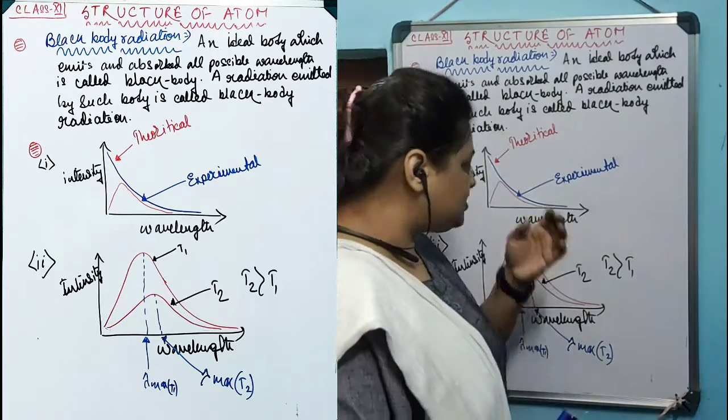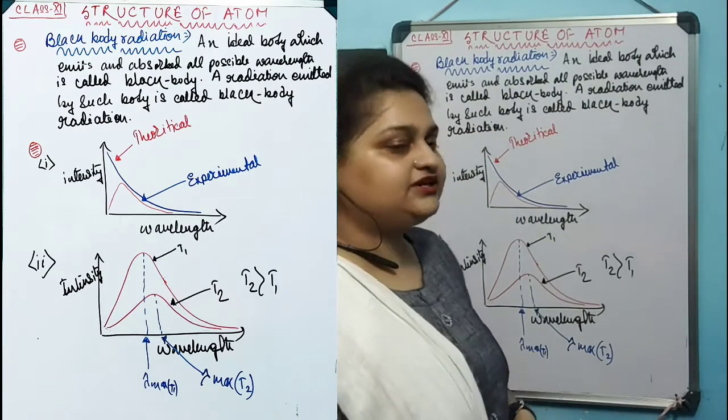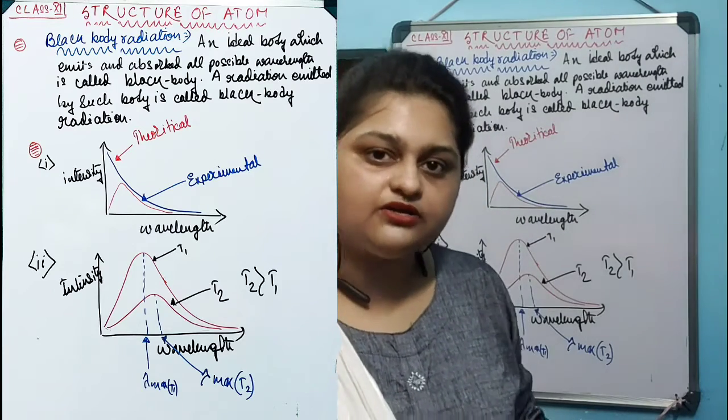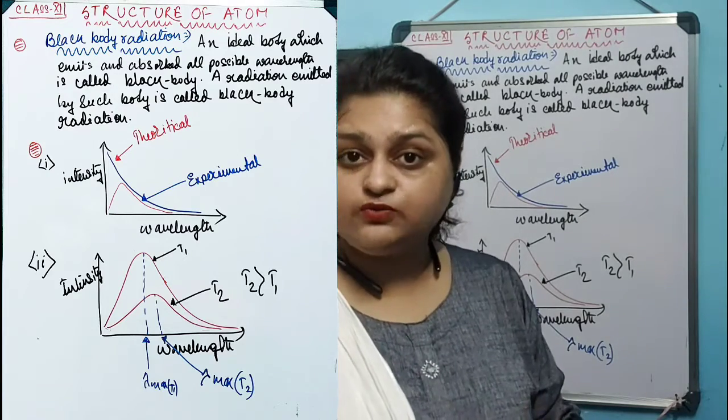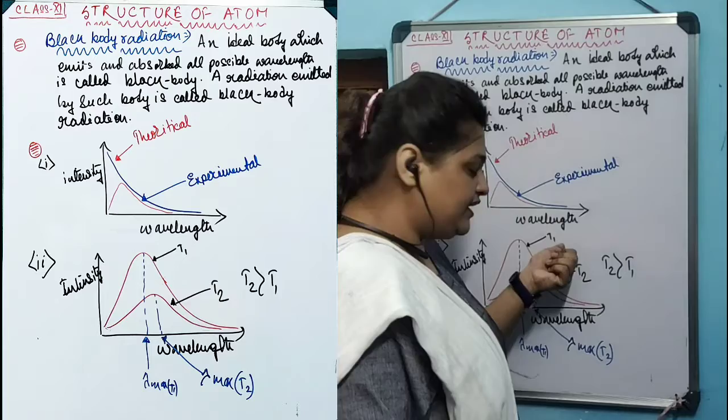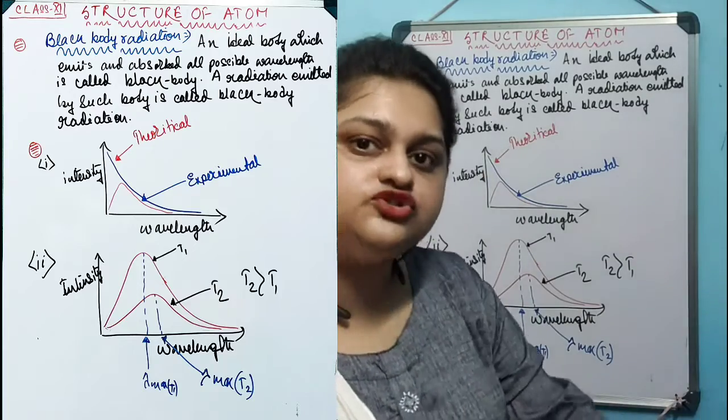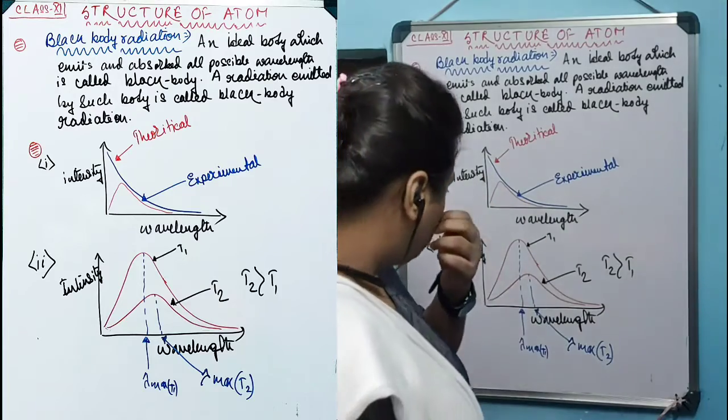Now, with the change in temperature, the lambda max value changes. That is, the color corresponding to this lambda max value that we perceive will change at T1 temperature, and will also change at T2 temperature.